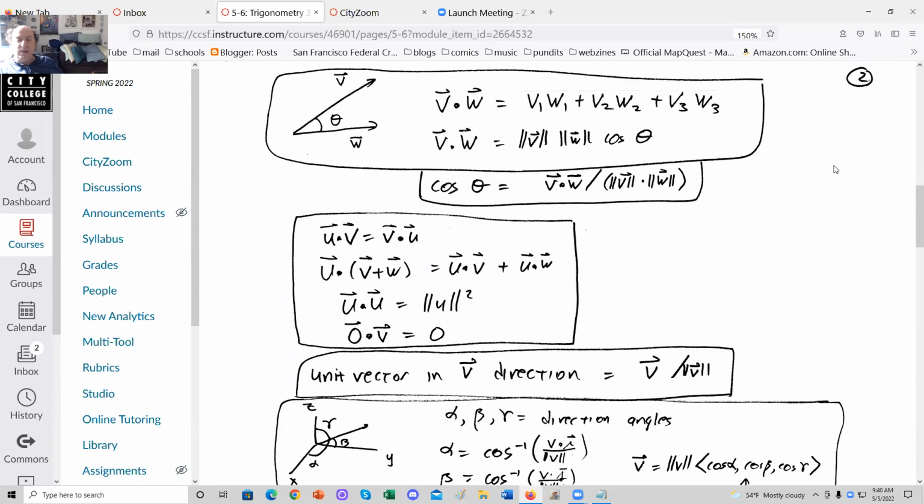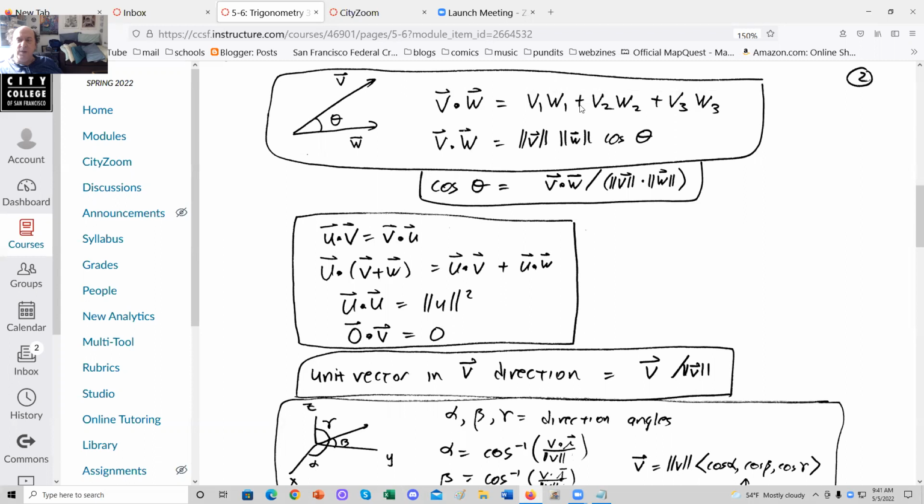This dot product has many rules that resemble ordinary product for scalars. It's commutative. u dot v equals v dot u, because each of these components is commutative. u dot (v plus w) is u dot v plus u dot w for similar reasons. So it's distributive. u dot u equals length of u squared.